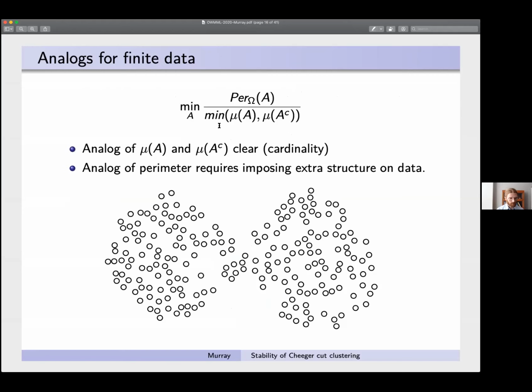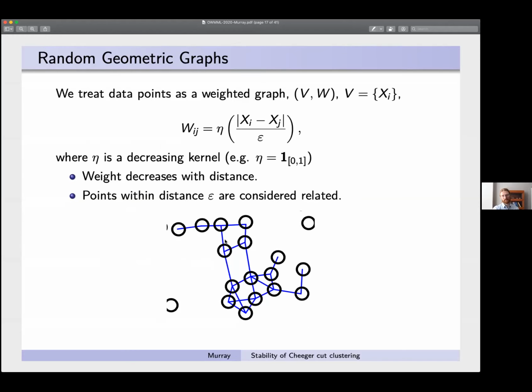Up here I have the data cloud, and if you zoom in on that part in the very center, you get this little piece of the graph. I've drawn blue lines for the connections between the points. Suppose I'm using this indicator function kernel: the points that are considered related to each other have a blue line between them, and they would have weight 1.